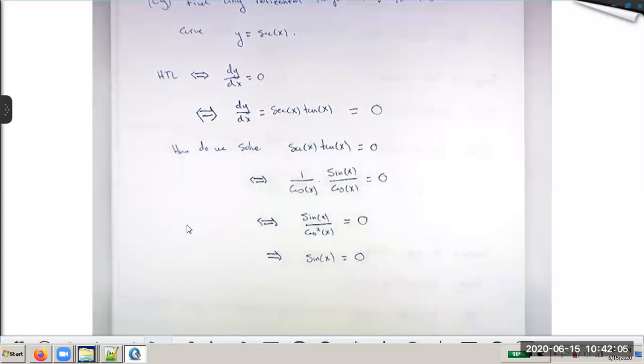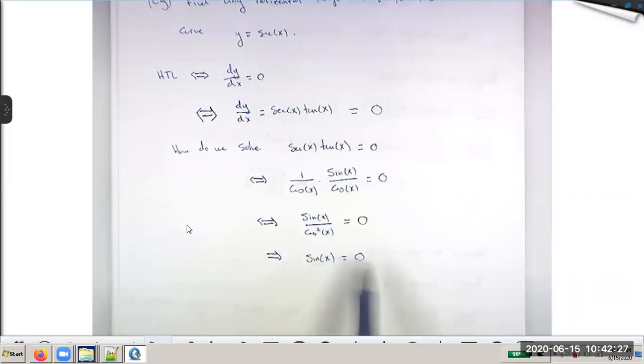That's the idea. So as long as the denominator is not also 0, a fraction is 0 as long as its top is 0. 0 over 5 is 0, 0 over 10 is 0, 0 over 1 is 0. So as long as the top is 0, this fraction sine over cos squared will be 0. So I set the top to 0.